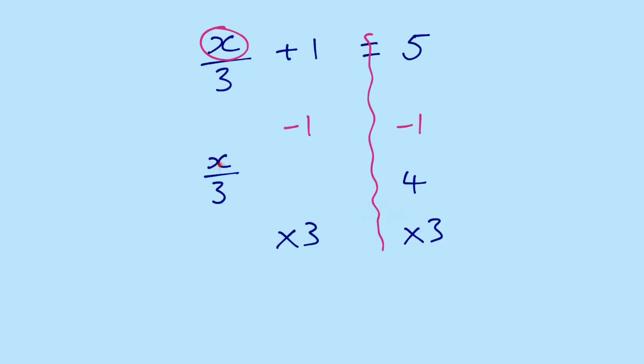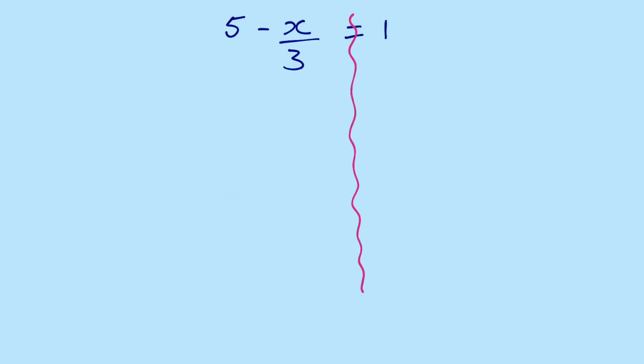So when I have x divided by 3 times by 3, that will cancel out the divide by 3, so I'm left with x, and 4 times by 3 leaves me with 12. So my answer is x equals 12.